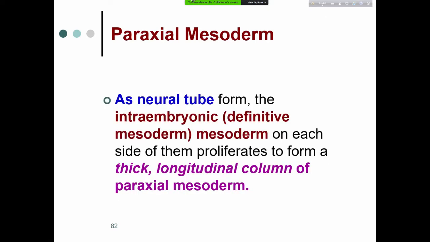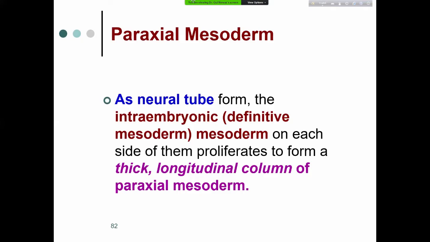As the neural tube forms, the intraembryonic mesoderm, I talked about this earlier, that epiblast invaginates to form mesenchyme and mesoblast, and some mesoblast forms intraembryonic mesoderm or secondary mesoderm or definitive mesoderm. So when the neural tube forms, the intraembryonic mesoderm on each side of the neural tube proliferates to form a thick longitudinal column of paraxial mesoderm.